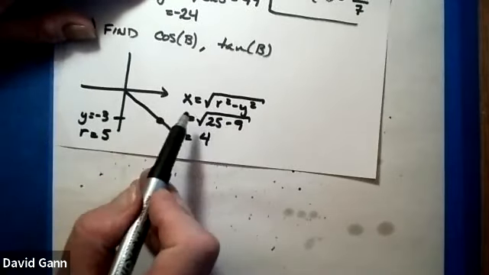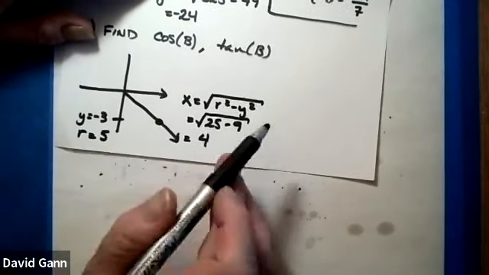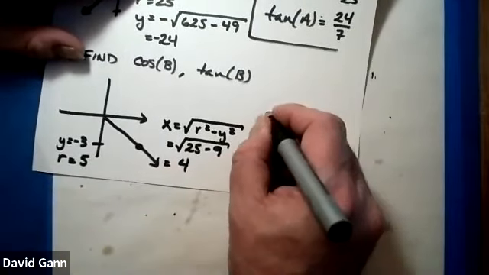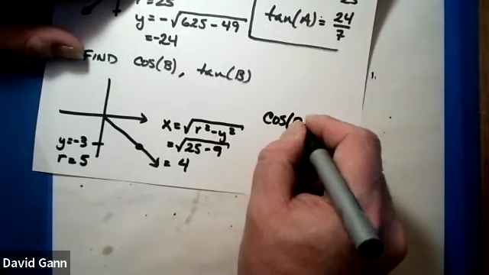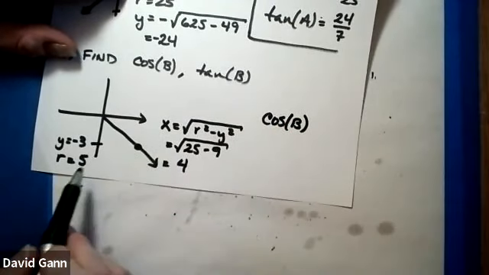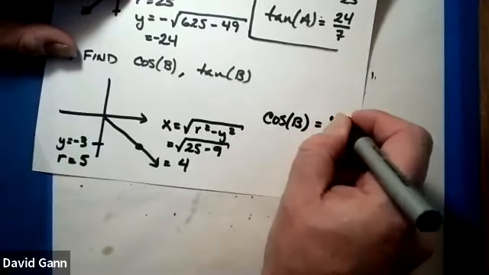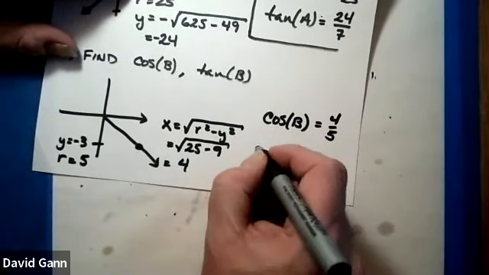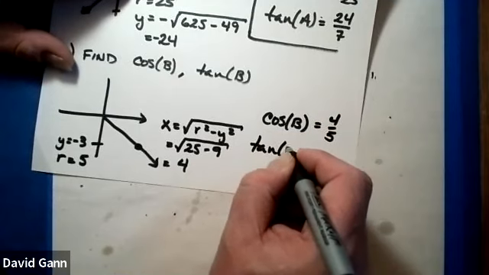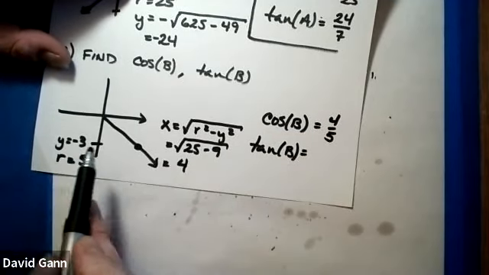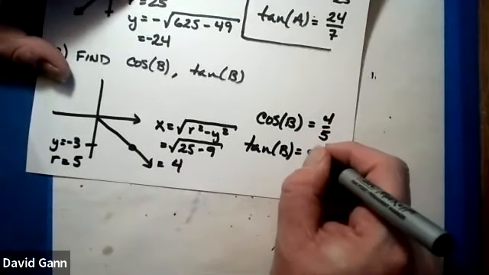So now we have x, y, r, and we can write any trig function for this angle. So we wanted cosine of B. Well, cosine of B is x over r. So that's 4/5. And tangent of B is y over x, so -3/4.